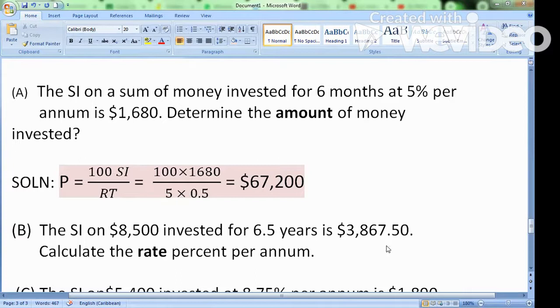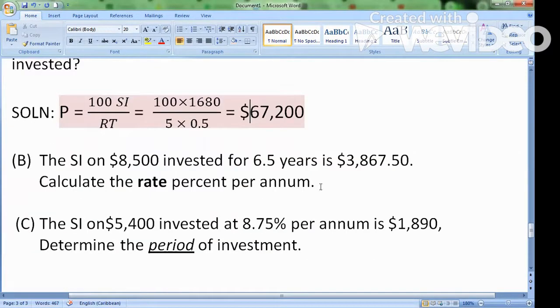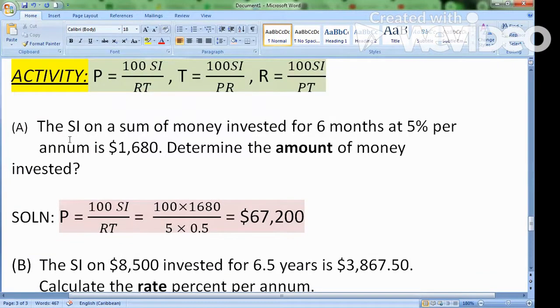All right, let's look at B. For B, they're talking about rate, right? So we're going to use the rate formula.